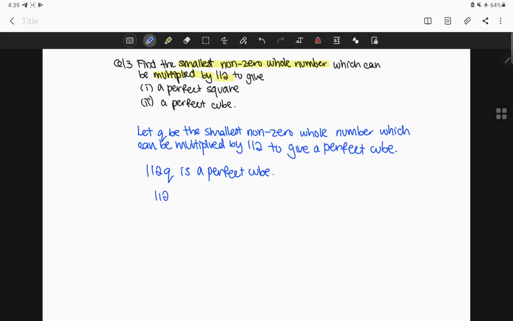Okay, from just now we know that 112 is equal to 2 to the power of 4 multiplied by 7. So 112q would be 2 to the power of 4 multiplied by 7, and then we multiply by 2 to the power of 2 again, because 4 plus 2 is 6, and 6 is a multiple of 3 because we are talking about a perfect cube.